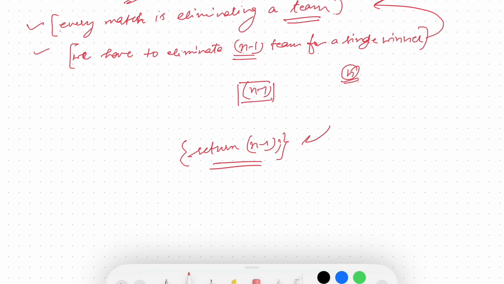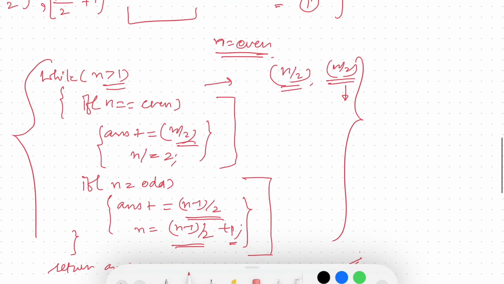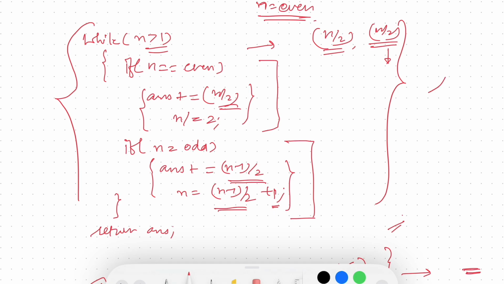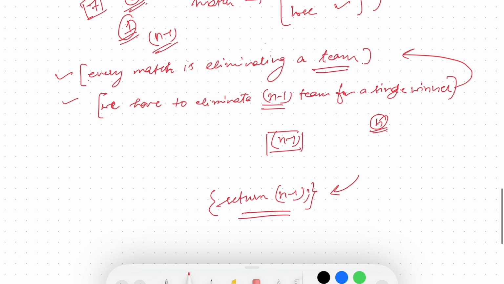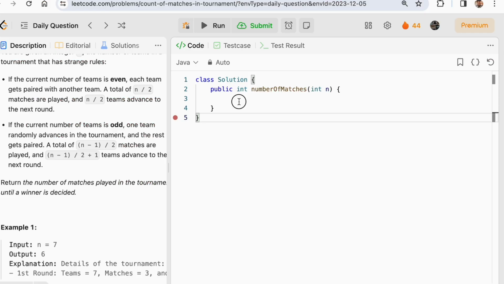So this is the simulation for this problem, and we don't need to do this every time, because we came to the conclusion that every match is eliminating one team, and we have to eliminate n minus 1 teams. So there are going to be n minus 1 matches to eliminate n minus 1 teams, and one team will be left, which is the winner.